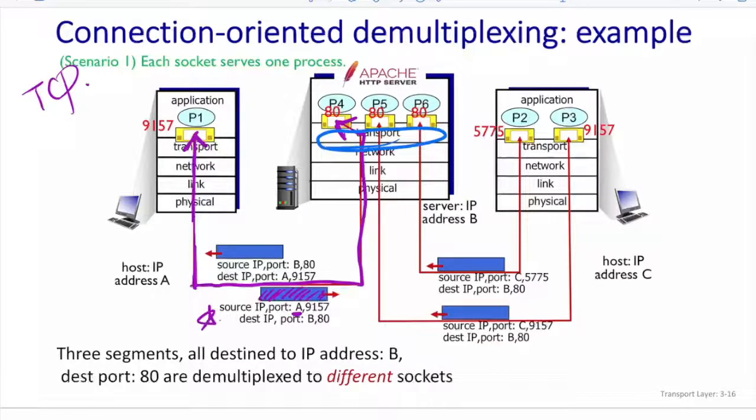That is because for this green one, for example, although at the receiver side for P6, its port number is also 80, take a look at the source. The source address is C, right? It's right here, this one. The source address is C. The source port is 5775. The destination IP is B, and the destination port is 80.